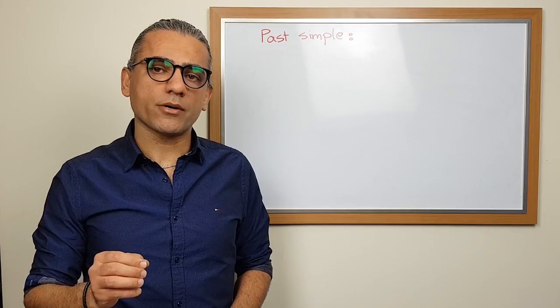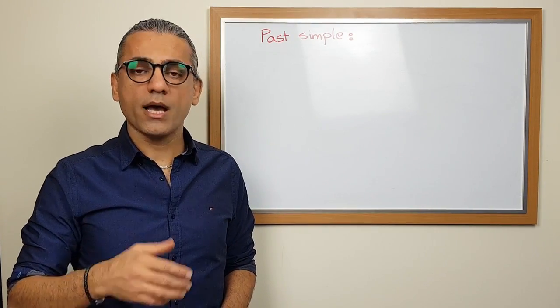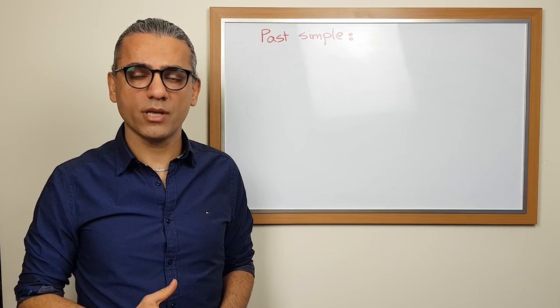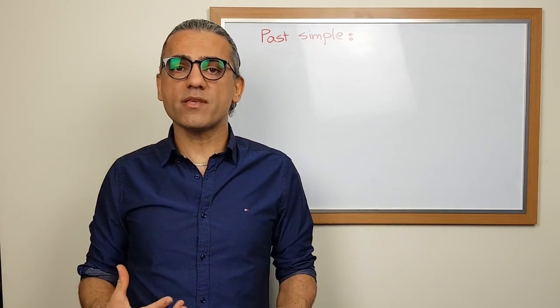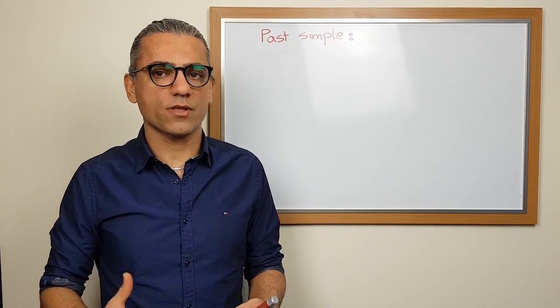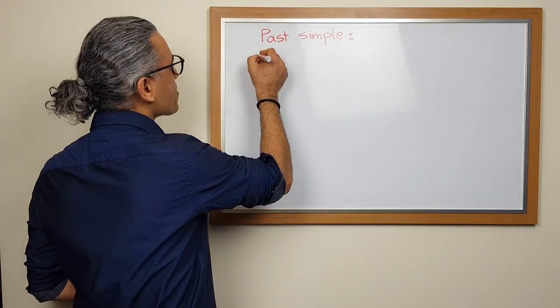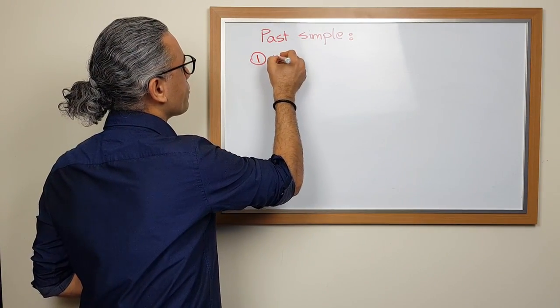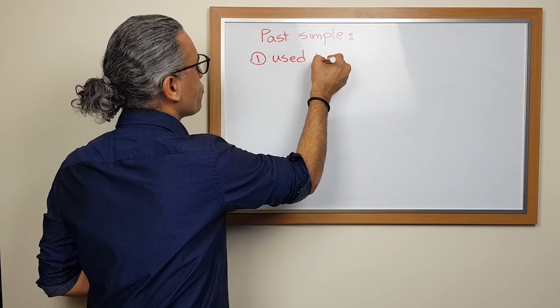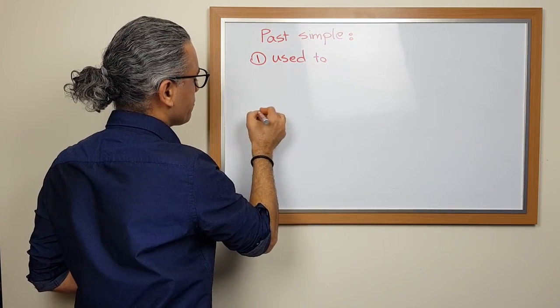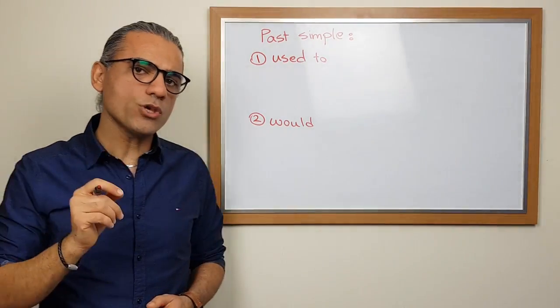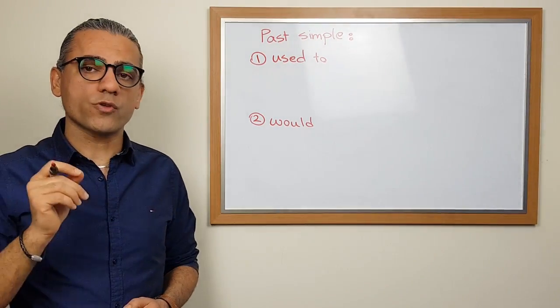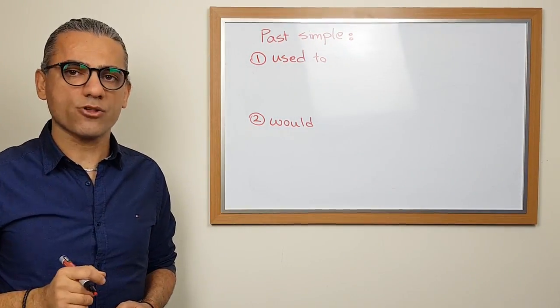When we are talking about past habits, apart from past simple, we have two other choices we could use to describe habits in the past or frequent actions in the past. Your choices are 1, used to, and 2, would. Now, how do we use them to talk about or to describe habits or frequent actions in the past?